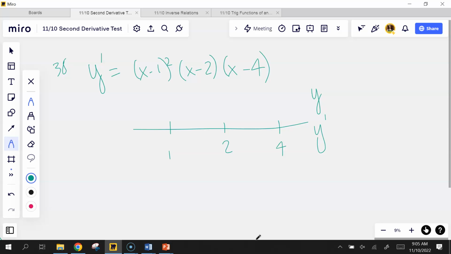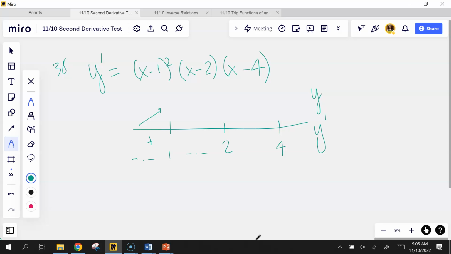What happens if I go, well, this one's always going to be positive, right? Because I'm squaring it, so it doesn't matter. I'm really just looking at these two pieces. So if I put, let's say, negative 2 in, I get a negative times a negative, right? Which is a positive. If I put in maybe, I don't know, 1.5. 1.5 minus 2 is a negative.